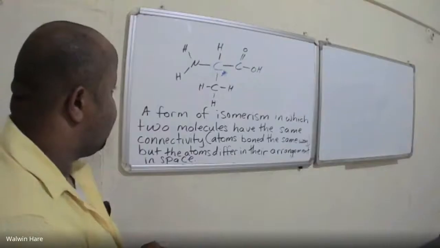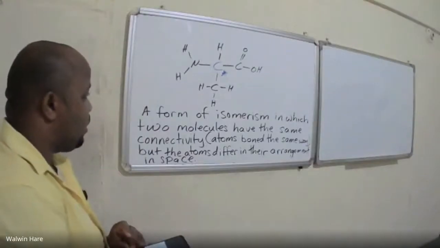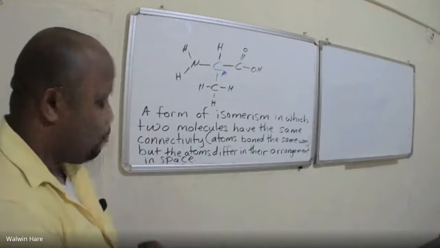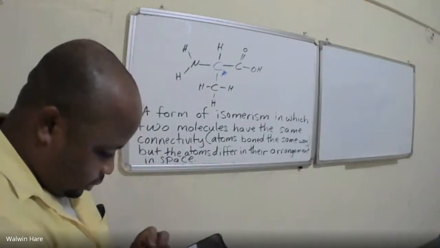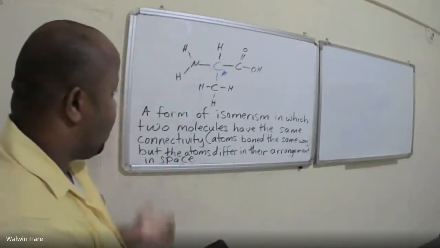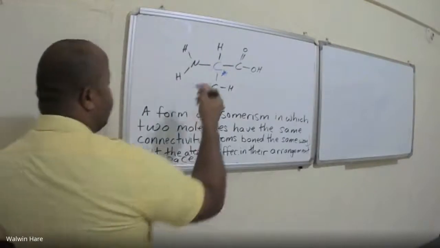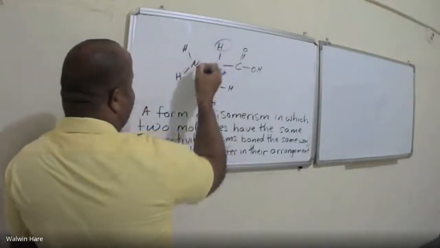Would it be optical isomerism? That is correct. Once it has a chiral center, we refer to them as optical isomers. This carbon is the chiral center because it has four different groups attached.